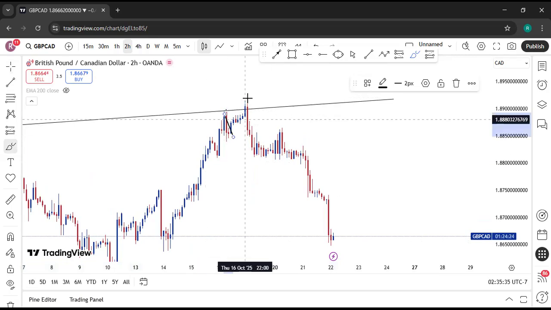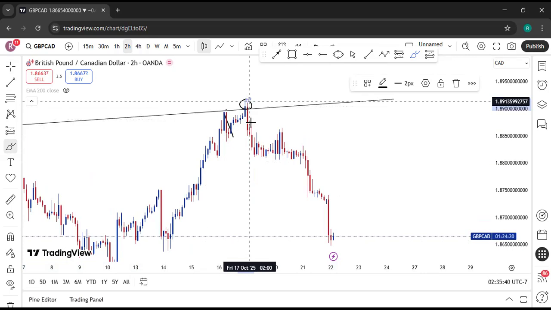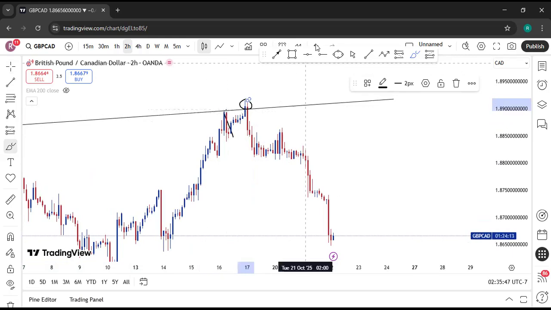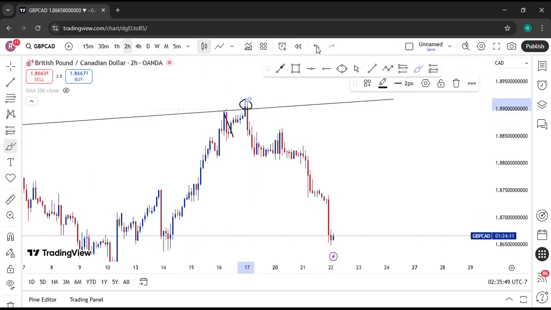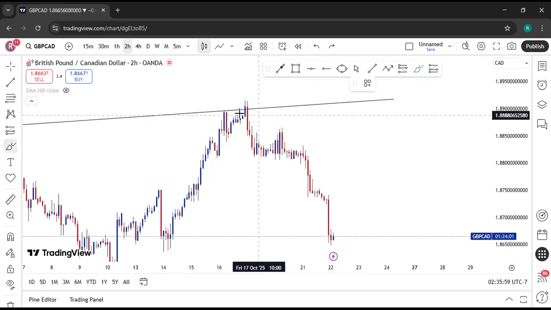So price had taken them out from at this point here, indicating that they were ready to push price down because they had already taken the stops that were sitting above this area. If you don't understand what I'm saying, don't worry. I'm going to make a video on liquidity so that you can learn how to identify and spot liquidity on the chart.